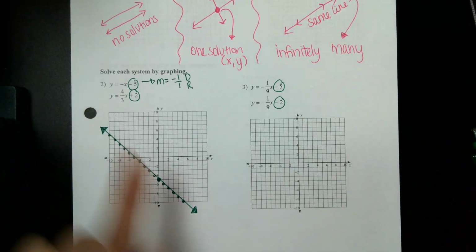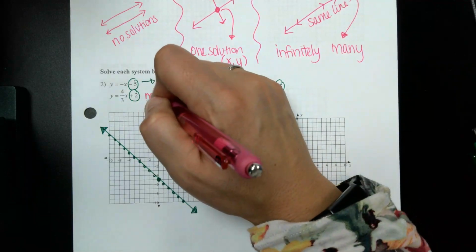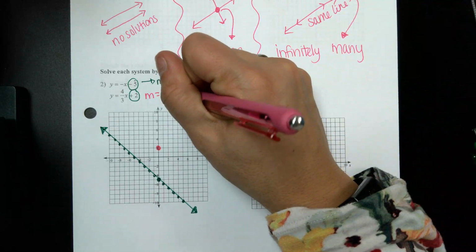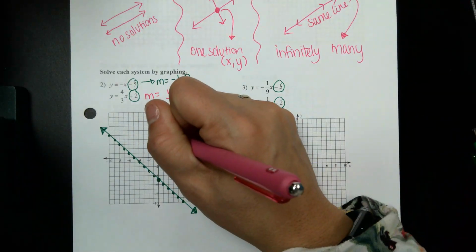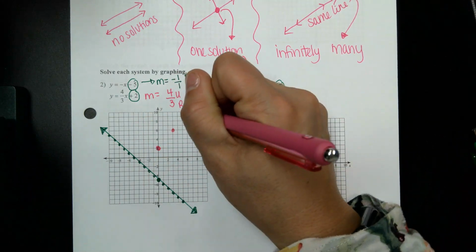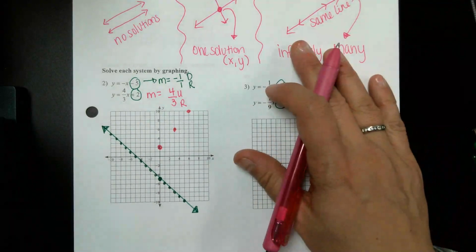Now the second one, I'm going to start at +2. And my slope this time is 4/3. And since it's positive, we are going up and right. So I'm going to start by counting up 4, right 3, up 4, right 3. I can do that twice, but I really do want to see where these two lines are going to cross.